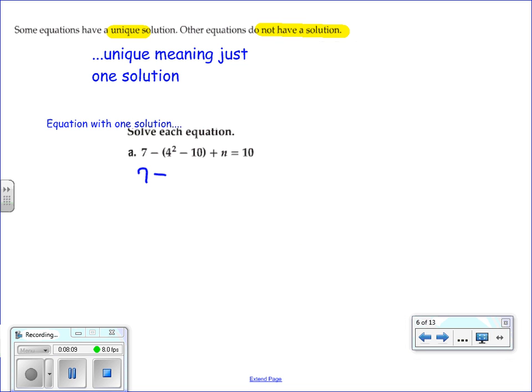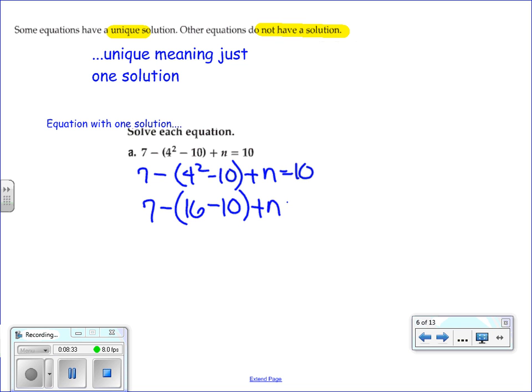7 minus parentheses 4 squared minus 10 plus n equals 10. I think what I would like to do is do my exponents inside my parentheses first. So it'll be 7 minus 4 times 4 is 16 minus 10. 16 minus 10 is 6.